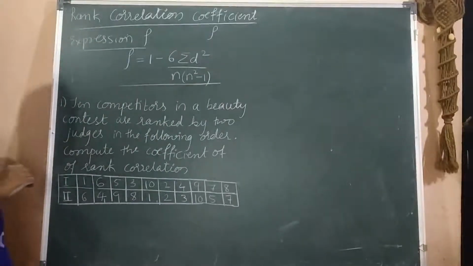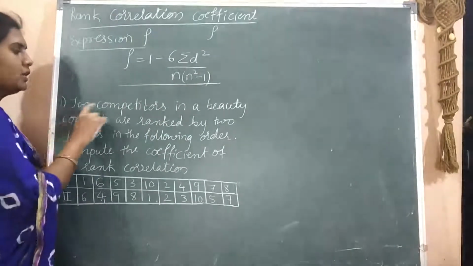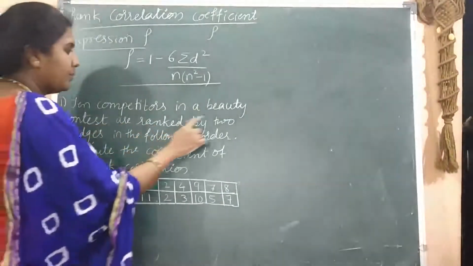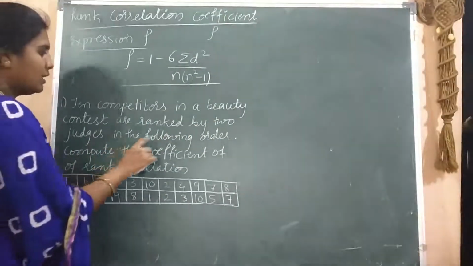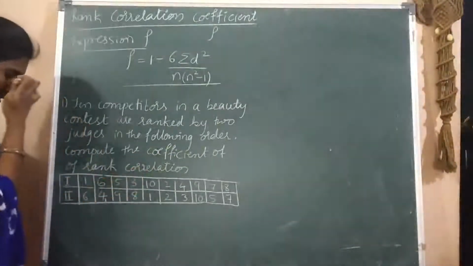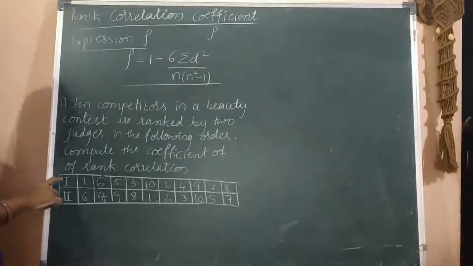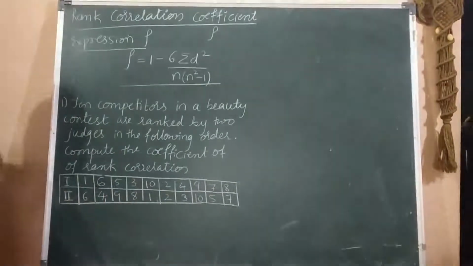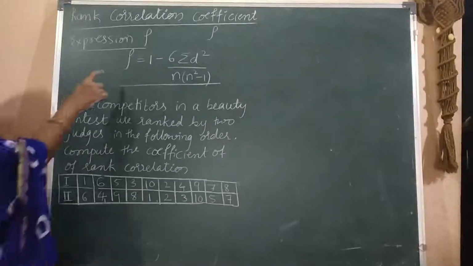Okay, let's have an example on this one. 10 competitors in a beauty contest are ranked by 2 judges in the following order. Compute the coefficient of rank correlation. Here they are given first judge and second judge, and they are asking to find rank correlation.